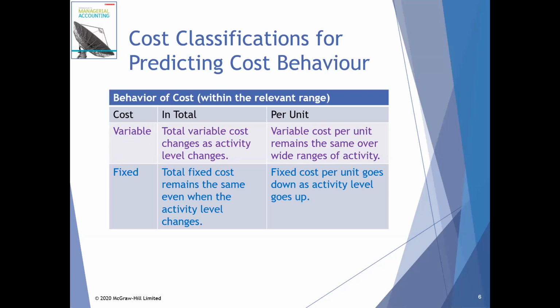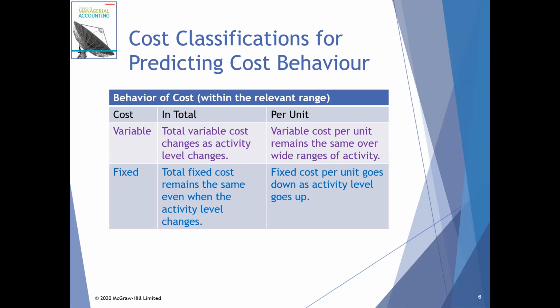If you have produced a second laptop, you need another packing material, another box. Again, you will spend $2, and so on. So per unit cost will remain the same in the case of a variable cost.